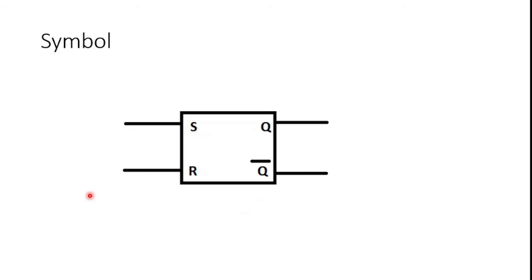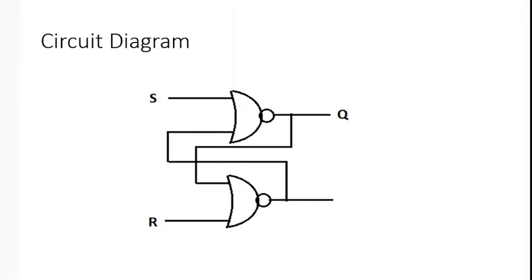So this is the symbol for our SR flip-flop, and this is just the symbol, and then this is the circuit diagram. As you can see, it's been made by two NOR gates. Now one interesting thing in this case is that there's one input in each of these NOR gates that has been taken from the outputs.